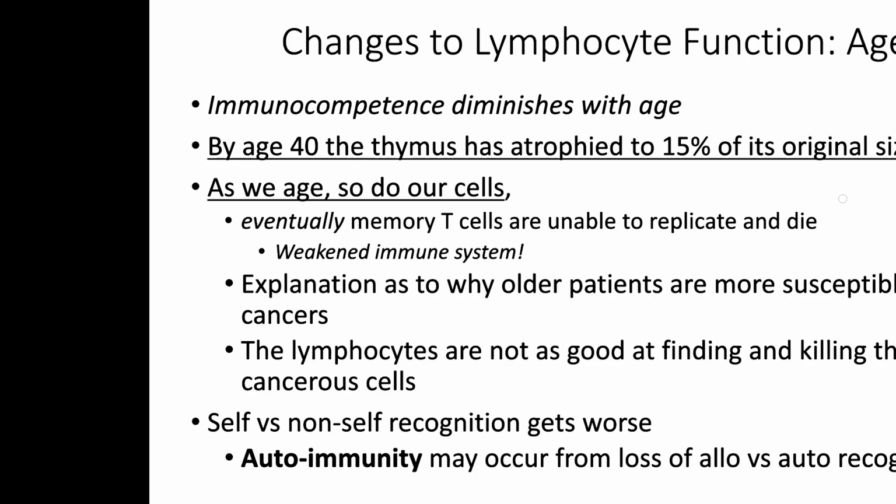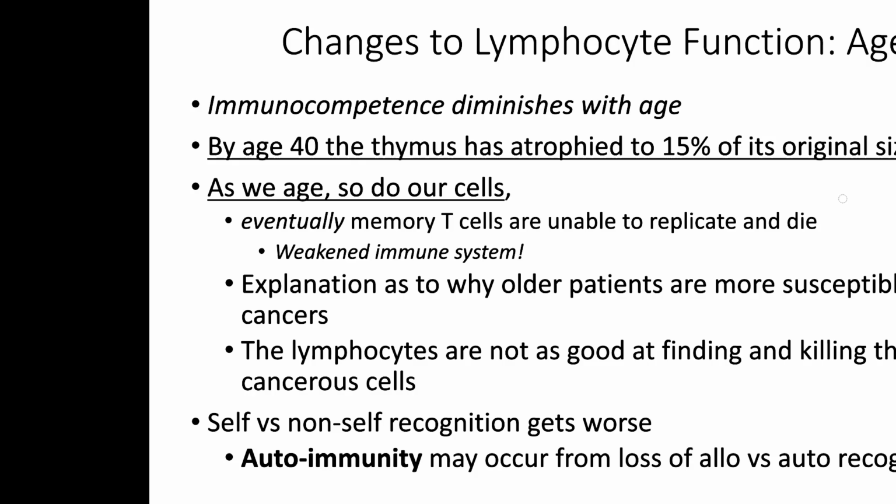Unfortunately, as you get older, immunocompetence will start to diminish. A lot of this is just due to your body aging over time. When you're about 40 years old, your thymus has shrunk considerably from when you were a baby. That means the thymus isn't able to support the immune functions as well as it used to.